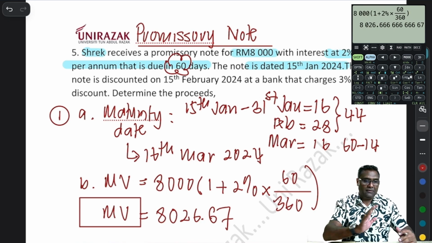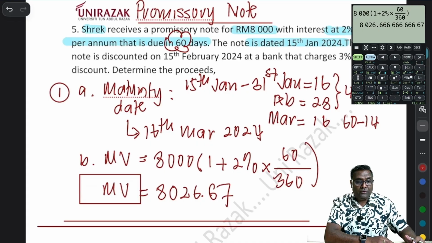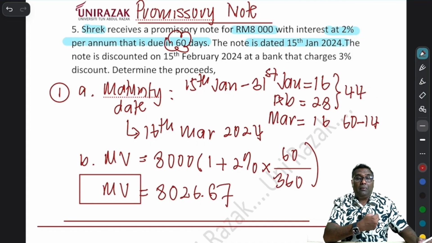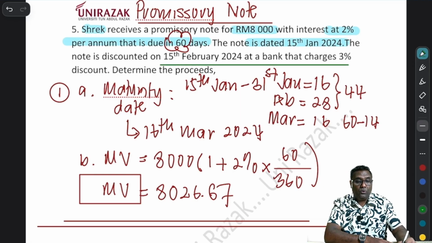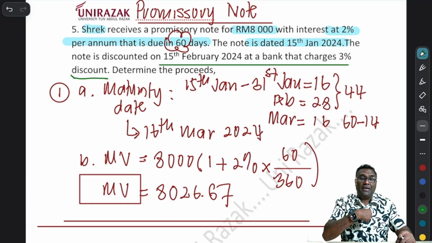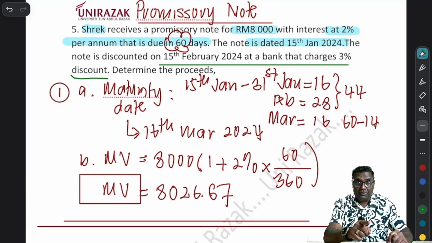First part settled. Now we go to the second part. The lender, Shrek, received a promissory note from a borrower. In the midst of some month, Shrek needs the money. So what did he do? He went to the bank and handed it over to the bank on the 15th. When he hands over the promissory note, the bank will charge interest.